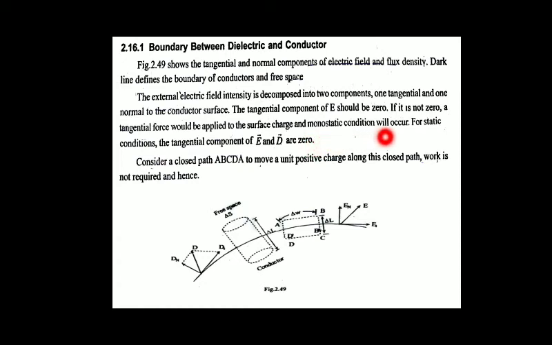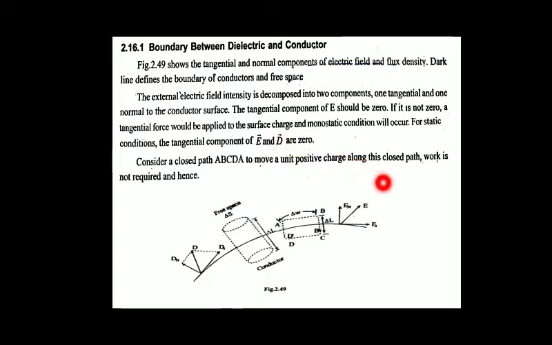For static conditions, the tangential components of E and D are 0. So this concept we have to prove in the boundary between the dielectric and conductor for a static field.